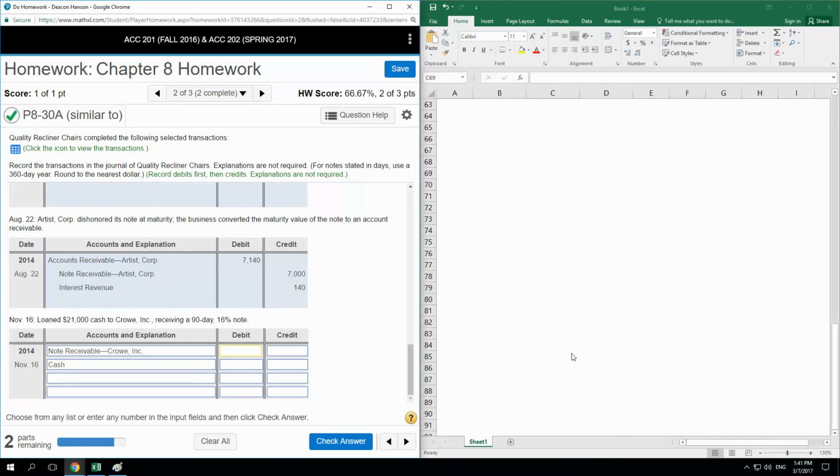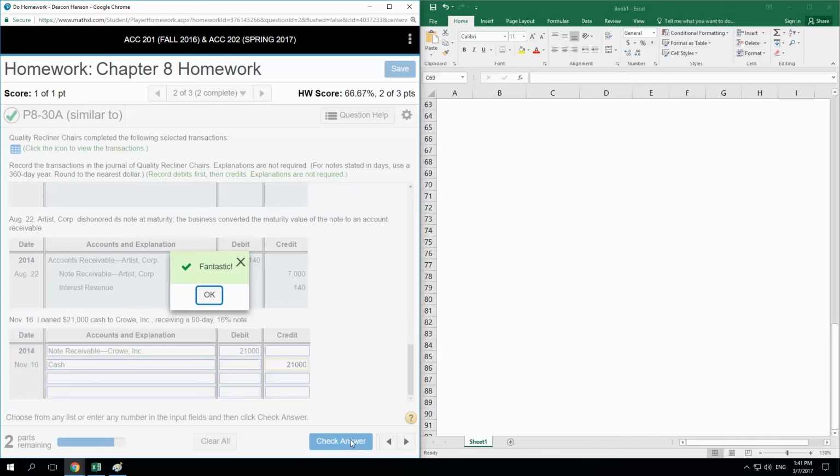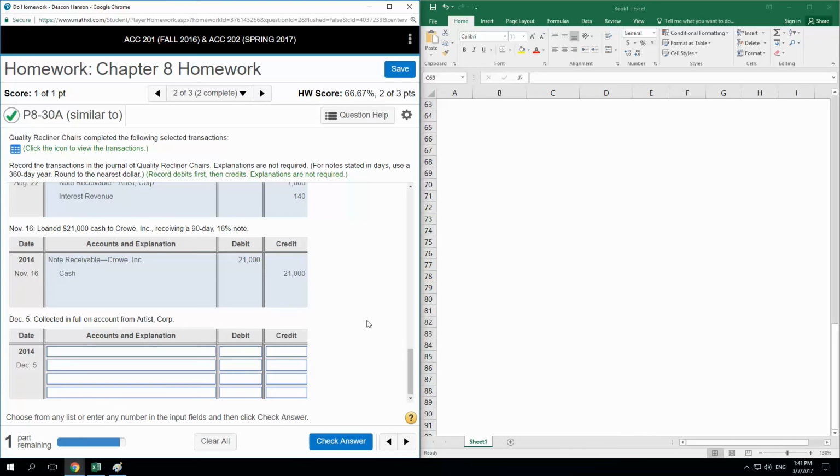It's just a straight loan. Our cash balance goes down, but another asset called note receivable increases, showing that this Crow company owes us $21,000. That's the principal amount, $21,000. Questions? Okay, good.